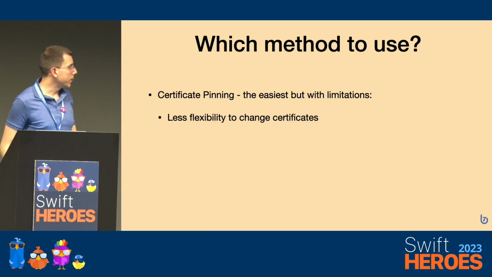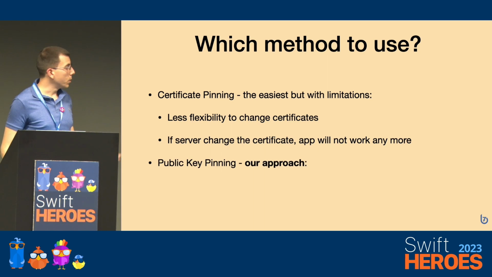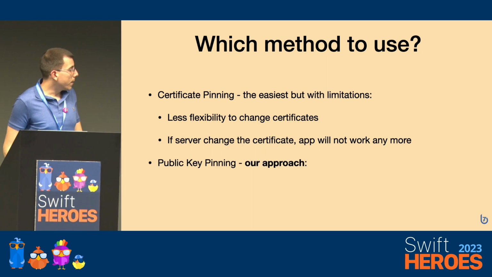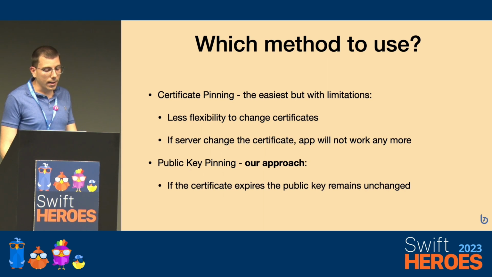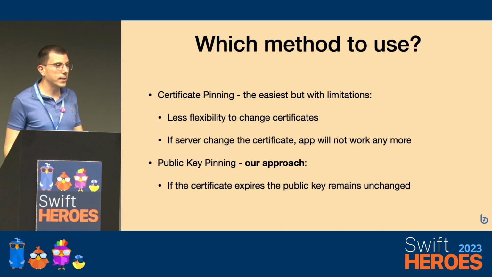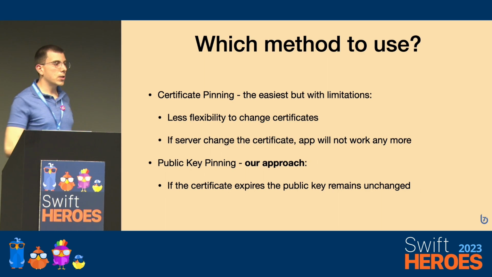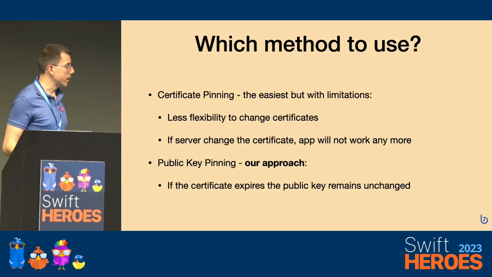But of course, it's less flexible, because if the server changes the certificate, it will not work anymore. And then you have public key pinning, which is the one that we're going to see today. If the certificate expires, the public key remains unchanged. So basically, they just refresh the certificate, and the public key is always the same.